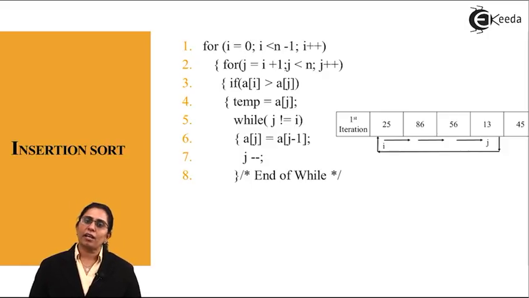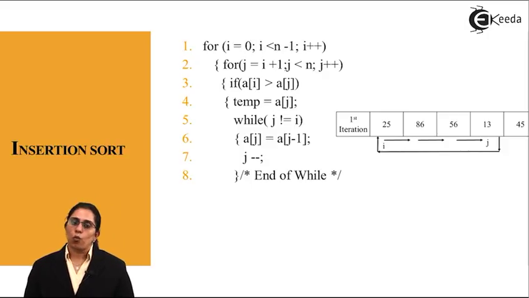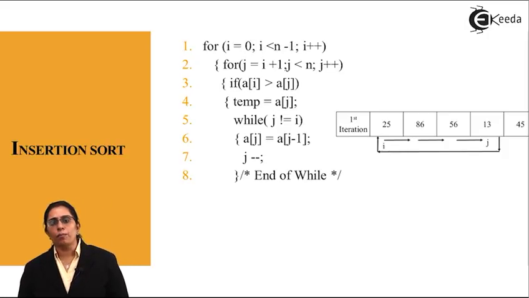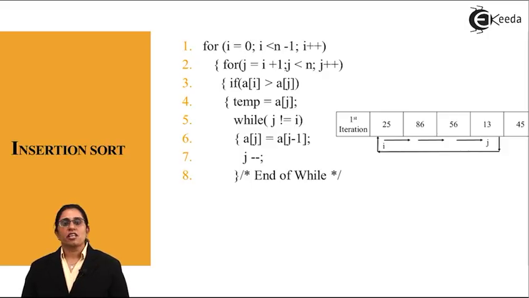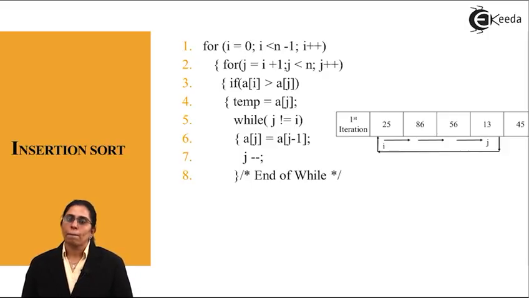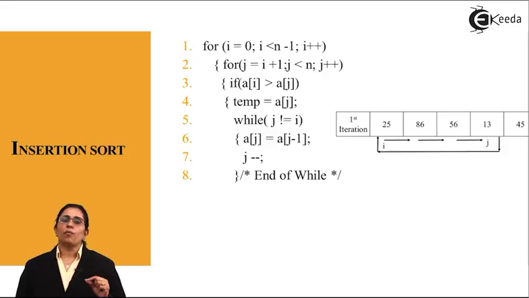J is again decremented by 1, j becomes 1. It goes up, 1 is not equal to 0. So we again come into the loop and we say a of j is equal to a of j minus 1. So 25 moves to the location where 86 was stored. And then we decrement the value of j and j becomes 0.